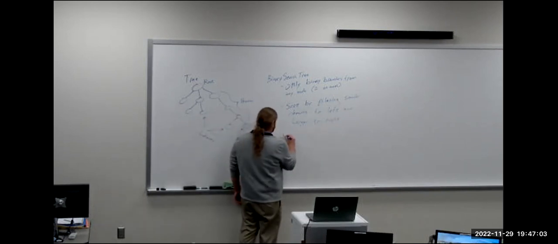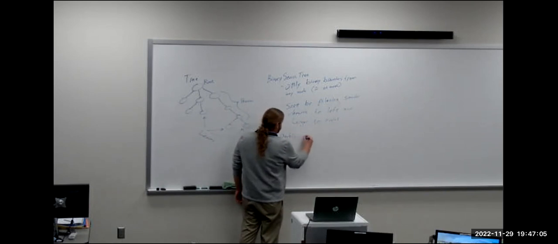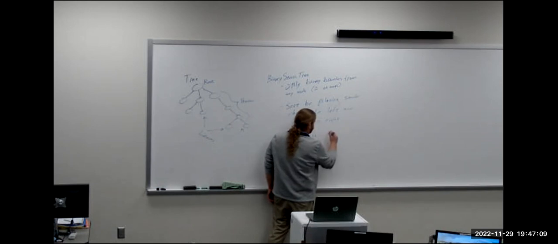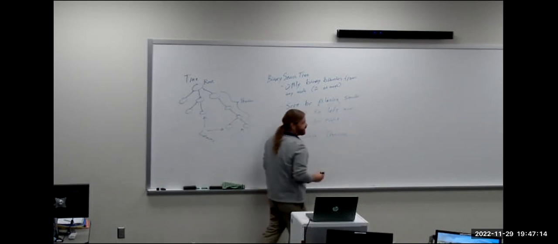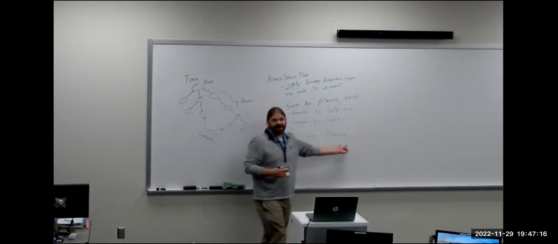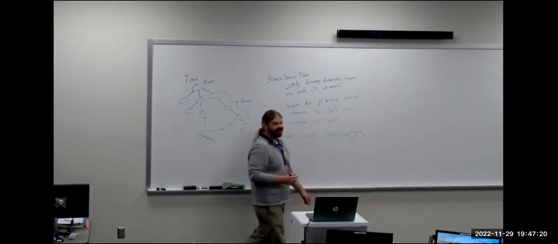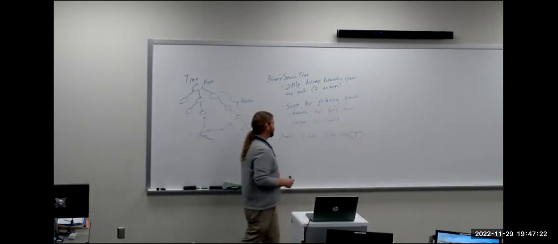Let me write this: public class TreeNode. That sounds like a good name for it. So again, the Java code is a lot like what we saw earlier. We have a node. We'll have some sort of generic type we'll fill in later. We'll figure out what that is later.